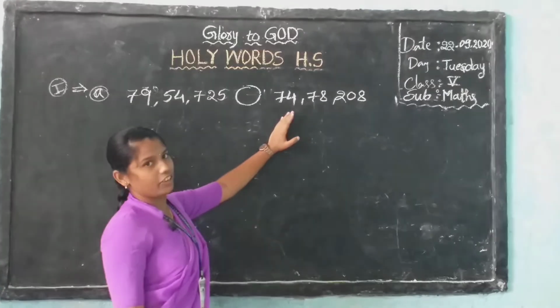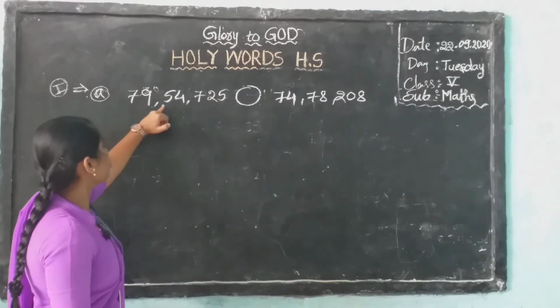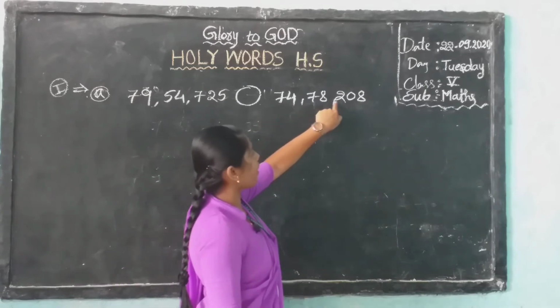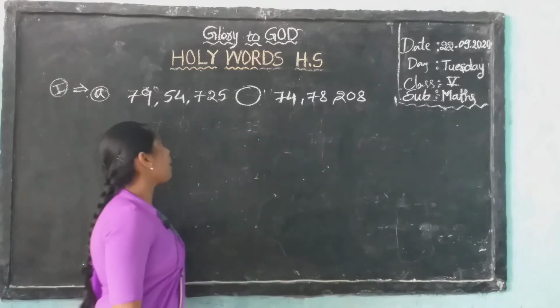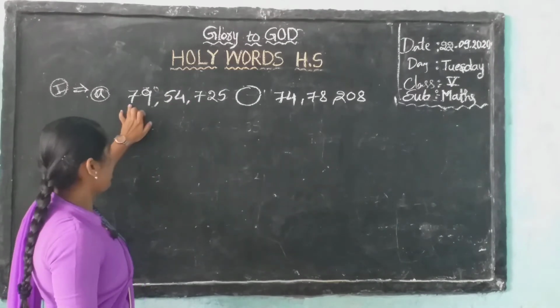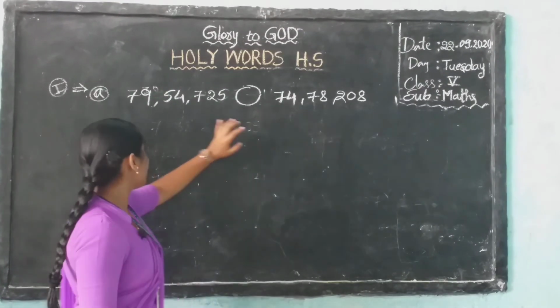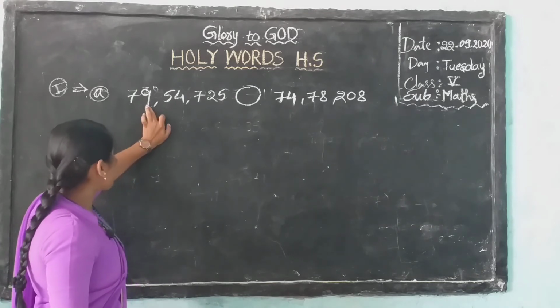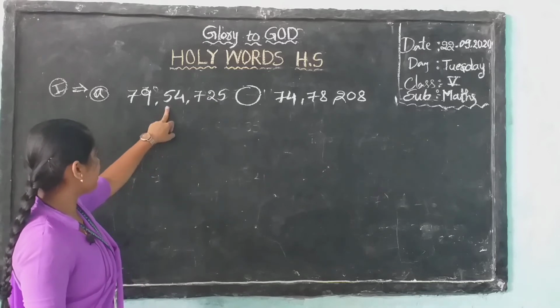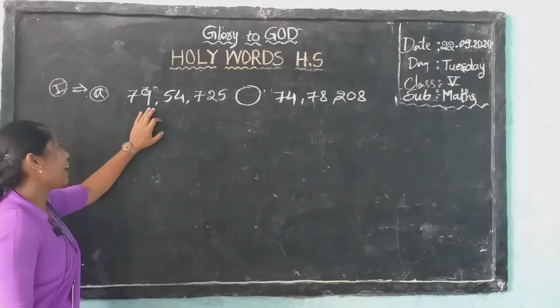Both have the same number of digits: 1, 2, 3, 4, 5, 6, 7 and here 1, 2, 3, 4, 5, 6, 7. So compare from left to right. 7 and here also 7. Then 9. So which place, Nana? 1, 10, 100, 1,000, 10,000, lakh. Okay, 9 is in the lakhs place.